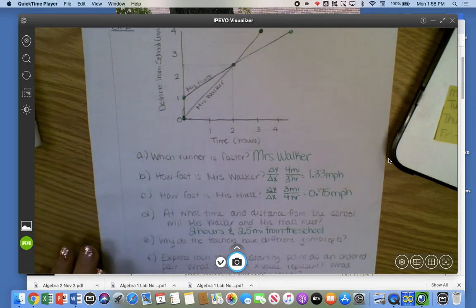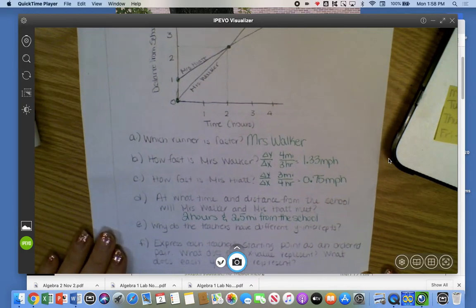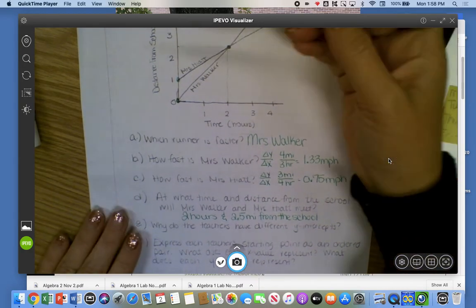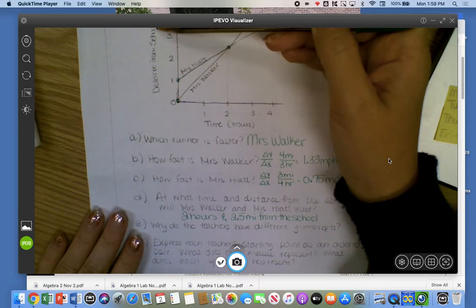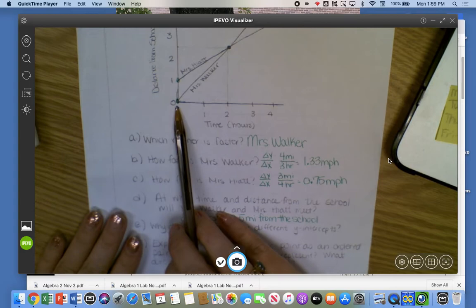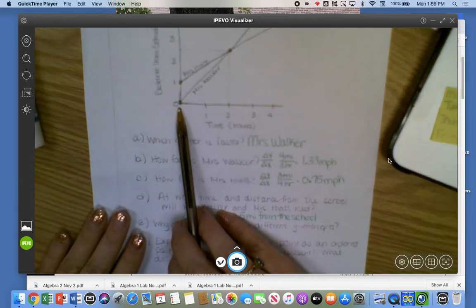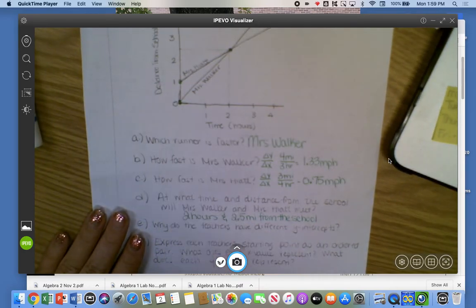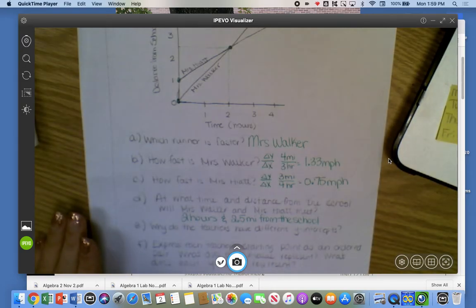Now it says, why do the teachers have different y-intercepts? So the y-axis is measuring distance from the school. I start at 0. Mrs. Walker, I start at 0. So that means if I'm 0 miles from the school, that means I start at the school.